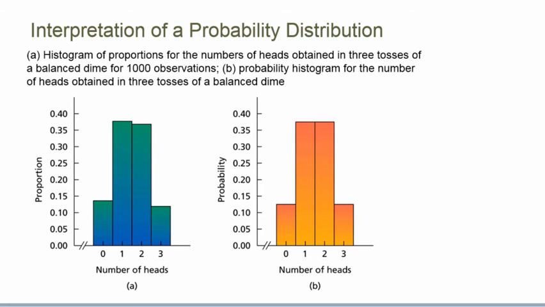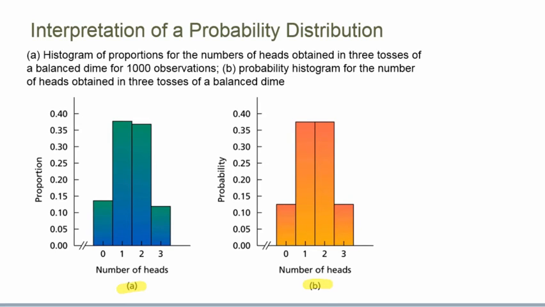A, we actually flip the coin 1,000 times. For each observation, we flipped it 3 times and had 1,000 observations, so we actually flipped the coin 3,000 times. And then the second graph was a theoretical probability using 1/2.